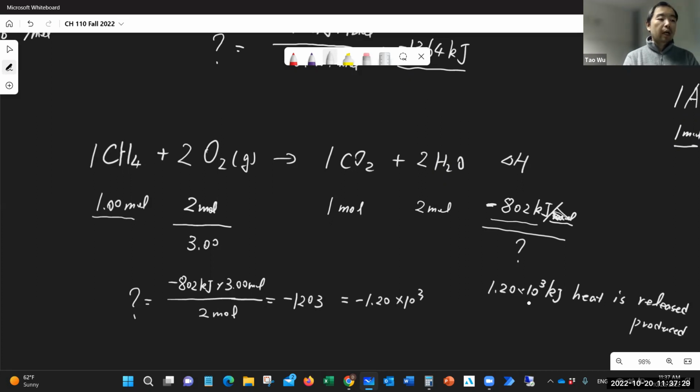I didn't write negative 1.20 times 10 to the 3 kilojoules, because released and produced already mean a negative sign. That makes sense? So if the question asks how much heat is released, you don't have to write the negative sign, because it already shows this is an exothermic reaction.